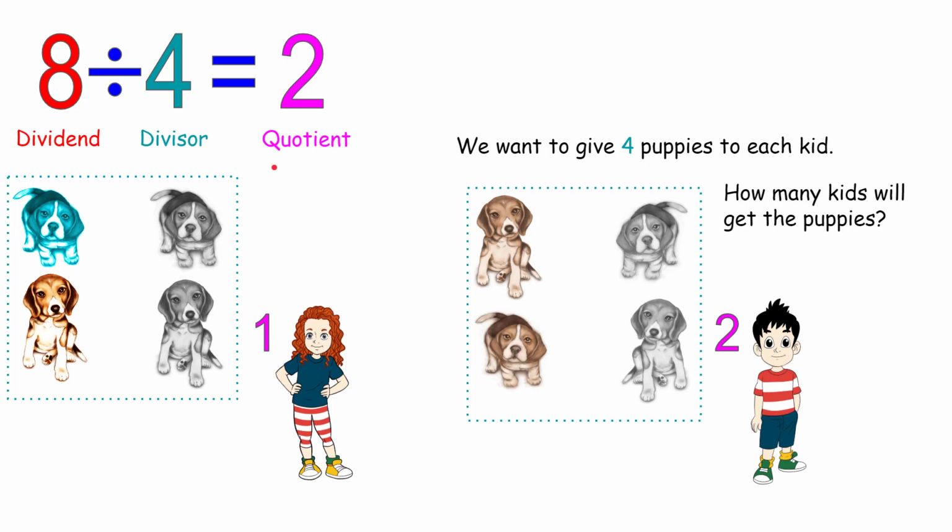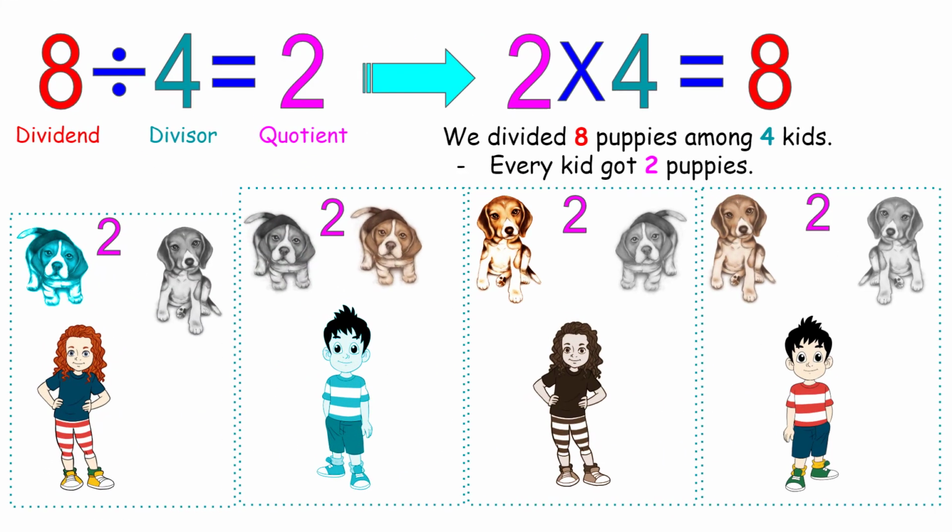We go back just for a second for the previous one. In this case, we had 8 puppies, divided them to 4 kids, and each kid got 2 puppies. That was the previous question.